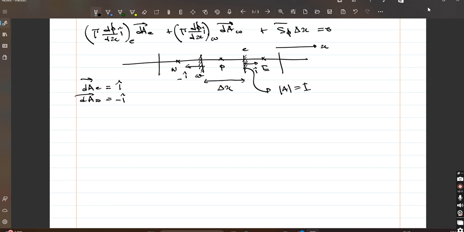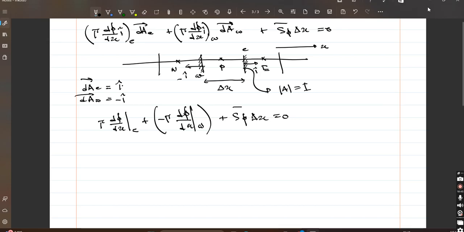So this I cap will get multiplied with I cap and will become 1. So this becomes gamma dphi dx at E. Okay, because I becomes 1, and minus I and I will get multiplied and become minus 1. So this becomes minus gamma dphi dx at W, okay, plus S phi bar times delta x equal to 0.